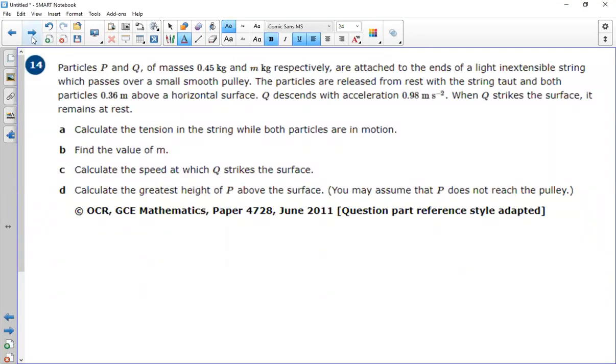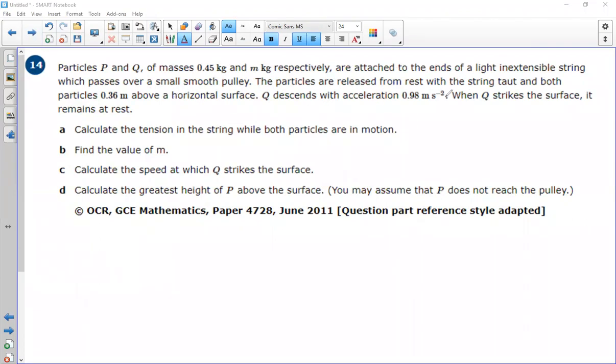It says particles P and Q of mass 0.45 kilogram and m kilogram respectively are attached to the end of a light inextensible string which passes over a small smooth pulley. What does that mean here? Small smooth pulley means that you can ignore the weight of the pulley and there's no friction between the string and the pulley. And then the particles are released from rest.